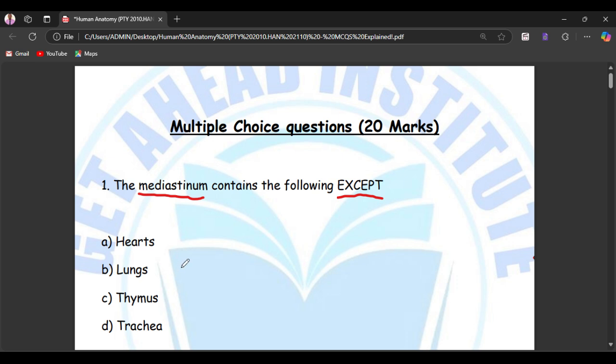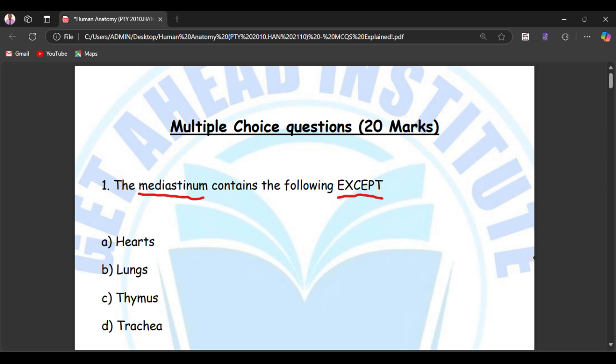It is very significant that you know the boundaries of each compartment of the mediastinum and all the contents which are found in that specific compartment. With regards to this question, the answer basically is B.